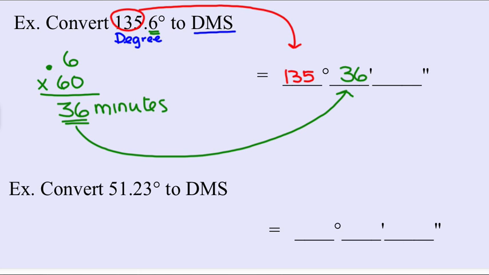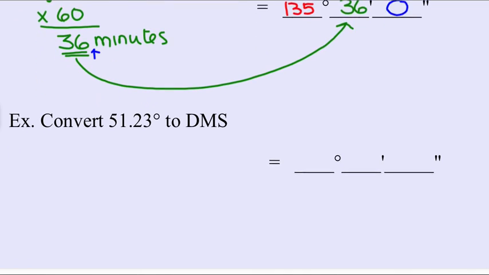Now, if there were decimal places right there, let's say it didn't exactly end up being 36 and then something, then we would have to continue on, and that's what the next example will be. So there's no decimal place, so we're just going to add 0 seconds. So we say this is 135 degrees and 36 minutes.